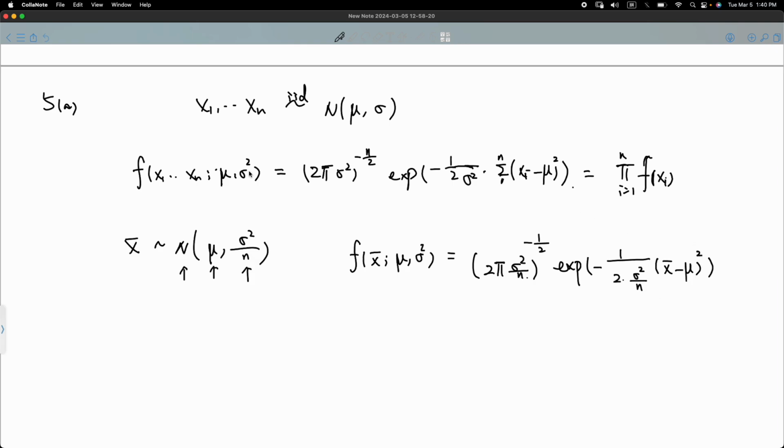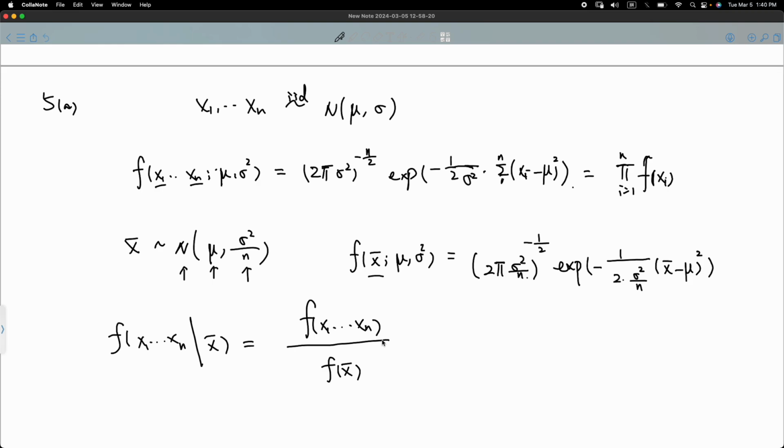Okay, so we have the joint distribution for X1 to Xn, and we also have the distribution for our estimator. So now we need to find the conditional distribution of X1 to Xn given x bar. And this is defined as the joint of X1 to Xn over the distribution of x bar.